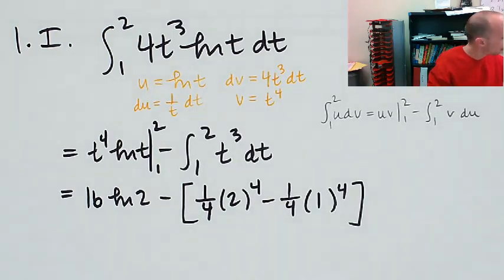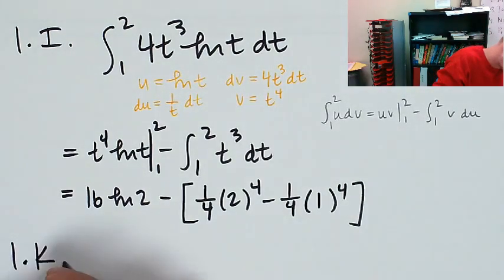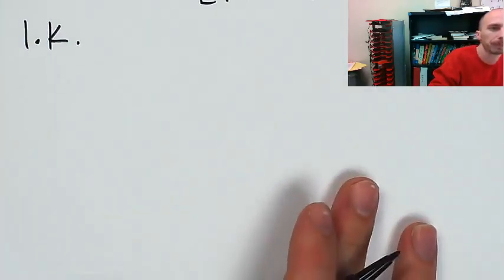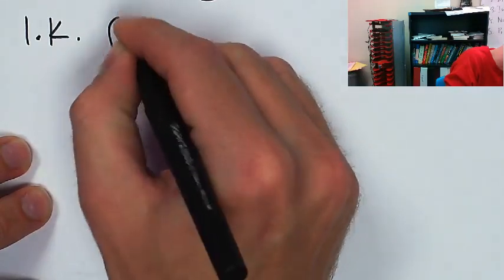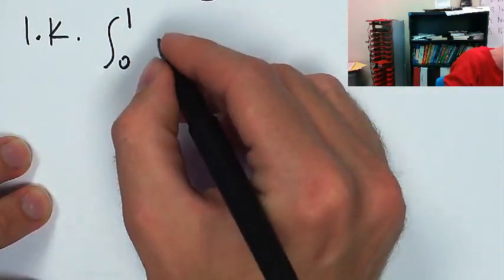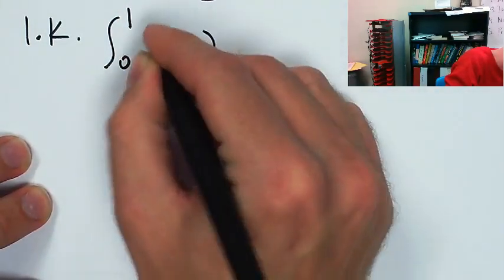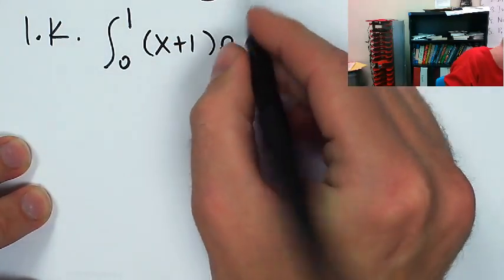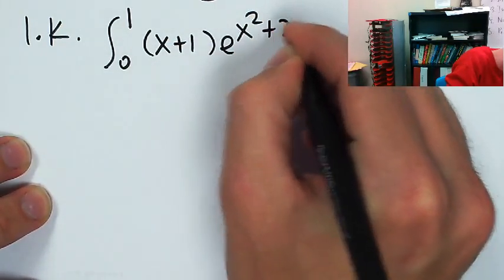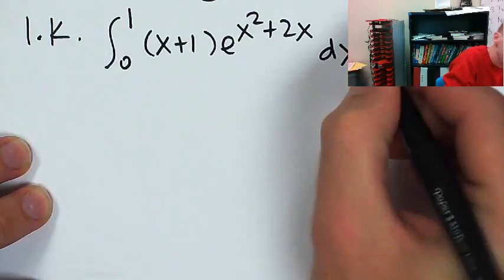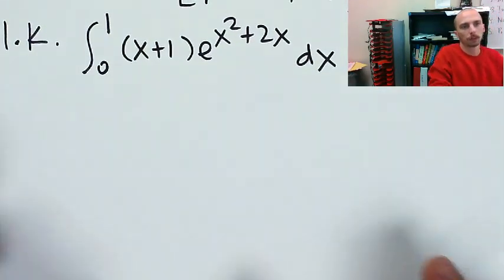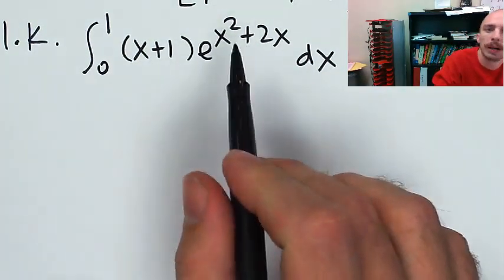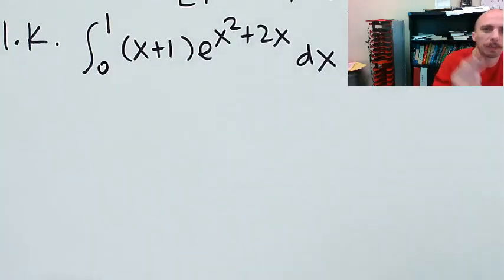I already did J, mistakenly thought it was I, so I'm going to move on to 1K. All right, this one has a product, but this is a composition of functions, so it's making me think this is going to be u du.